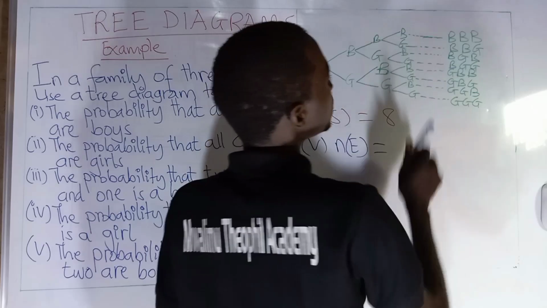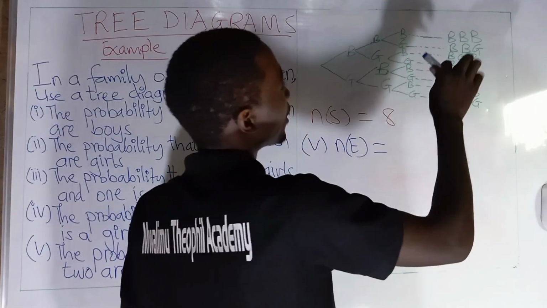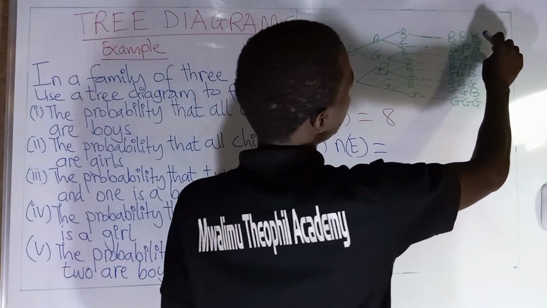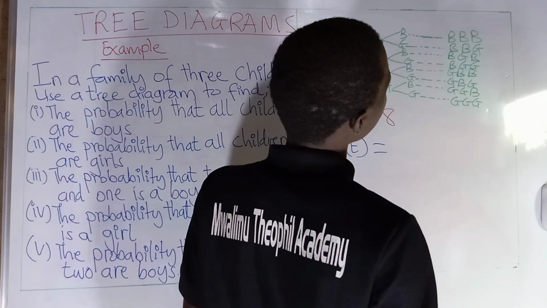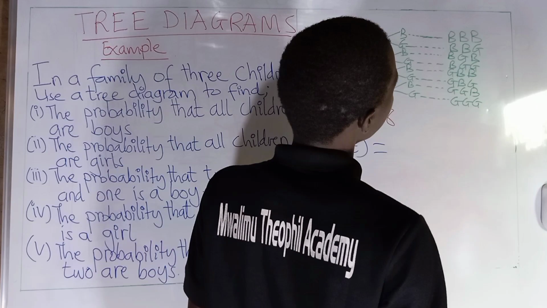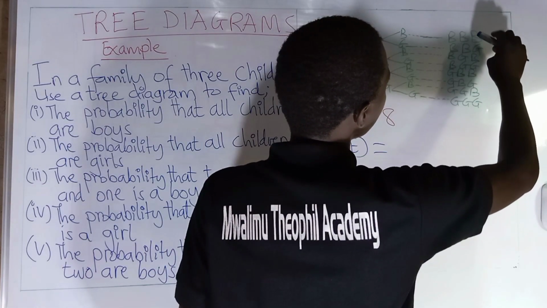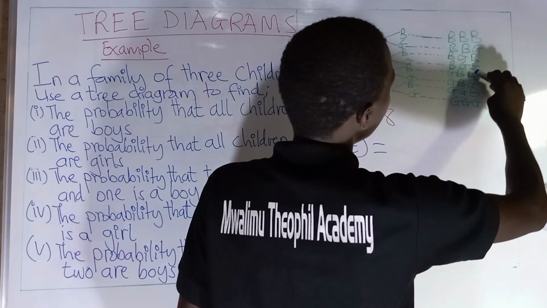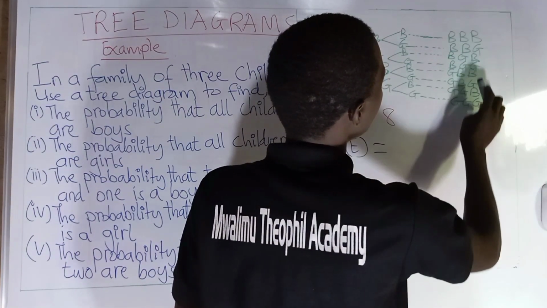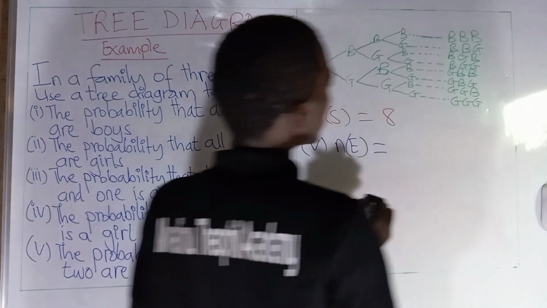Now the possible ways, the total number of events we have 1, 2, 3. So we have only 3 where we have at least 2 boys. No, not only 3. 1, 2, 3, 4. We have 4 possible ways.